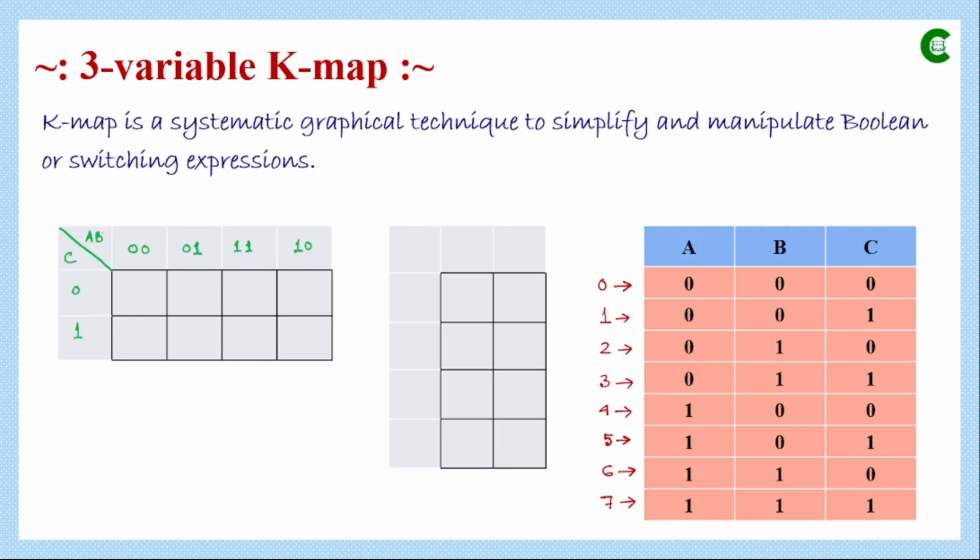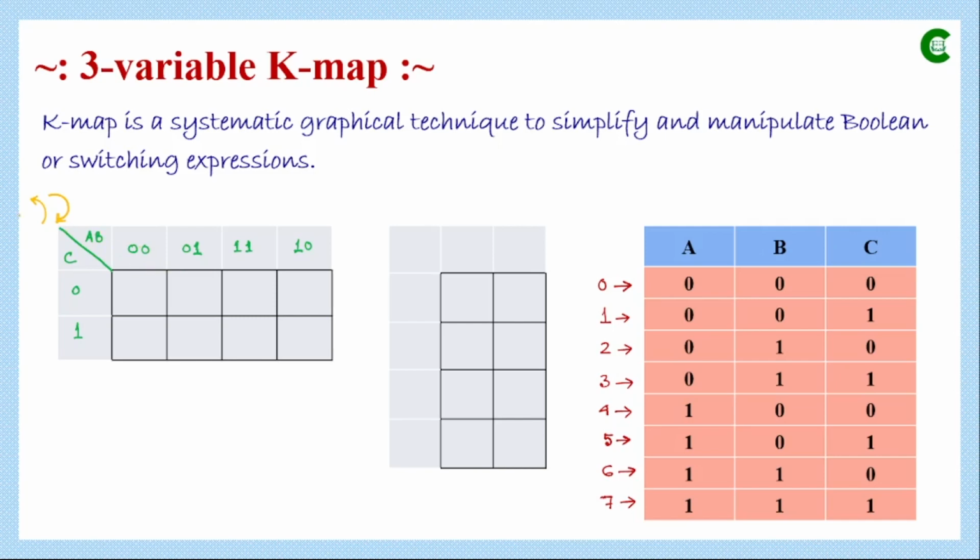Now here A, B, C, these 3 variables have been arranged in this order, in clockwise order. But even if we arrange all these variables in anti-clockwise order, finally after simplification we will be getting the same simplified answer, but we have to take care of the values of the variables when we write them as headers here.